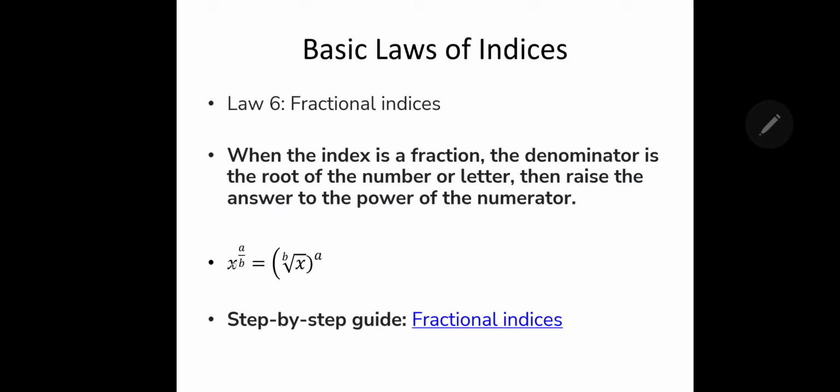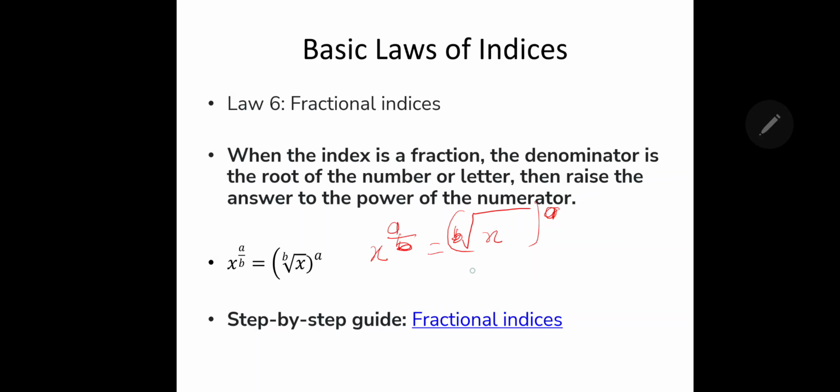So if you have anything in this form, x to the power a over b, this is the same as the bth root of x raised to the power a.